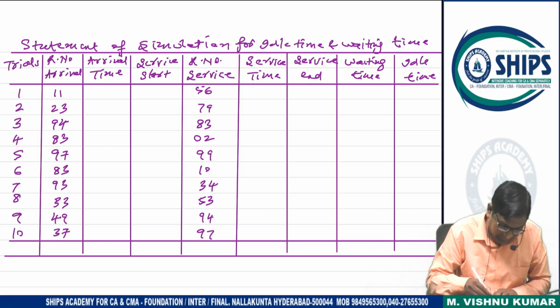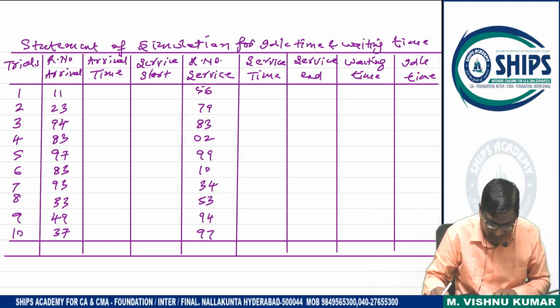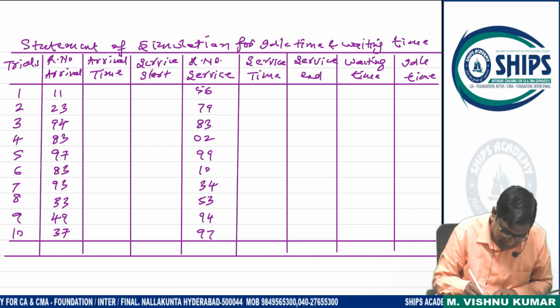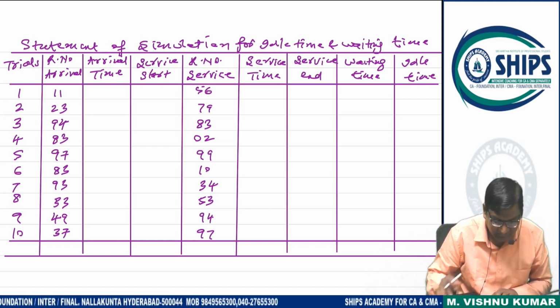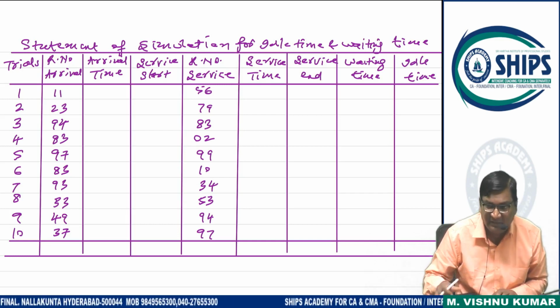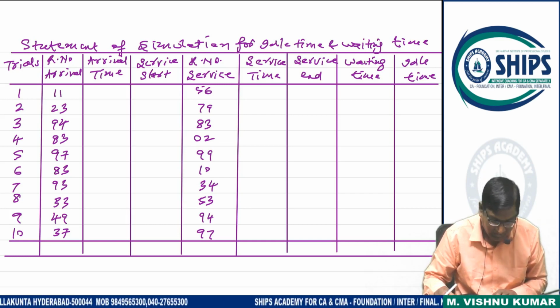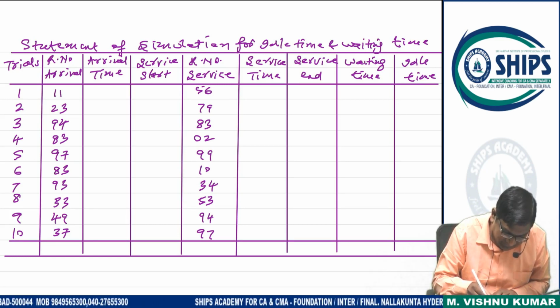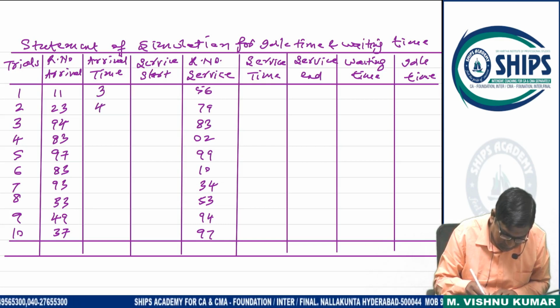But according to random number 11, what is the arrival time? 3. So it means 11 am officials are coming, but service starting from 11:03. तो first ये तो लिख दो, टेंशन मत लो आप. क्या है ये बोलिए? 3, 10, 7. Next.